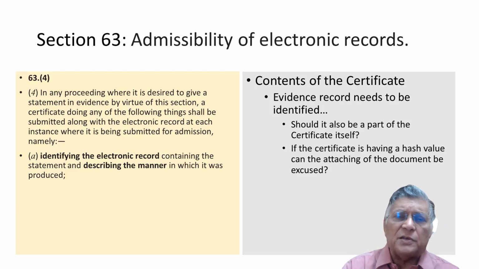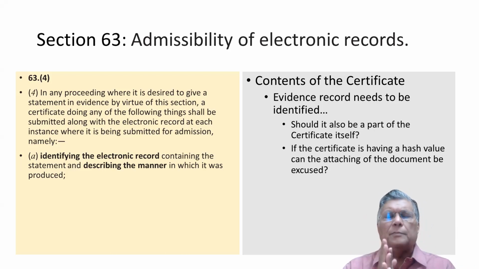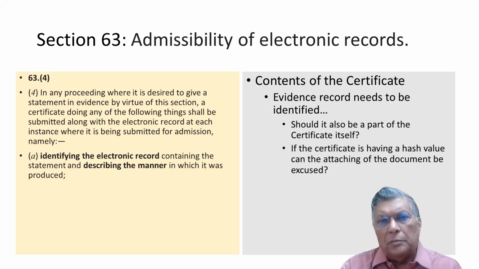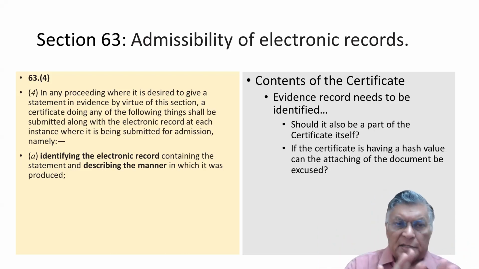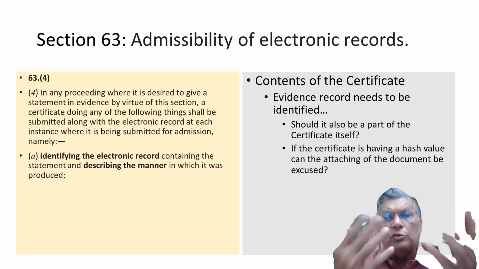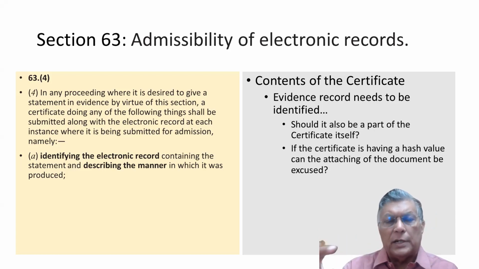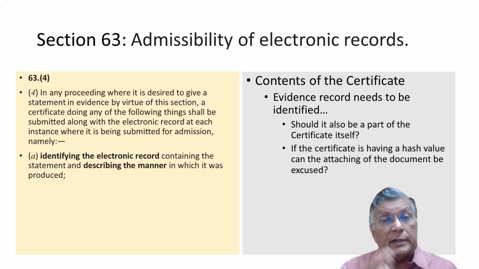In a simple case, of course, the manner it was produced is you open the computer, you go to a particular folder, you open a particular file, and behold, you have that in front of your computer, you print it out. Okay, that is a simple process. In another process, you open the computer, you open an application called browser, and then you type the URL www, etc. in the window, and then the computer should be connected to the internet.